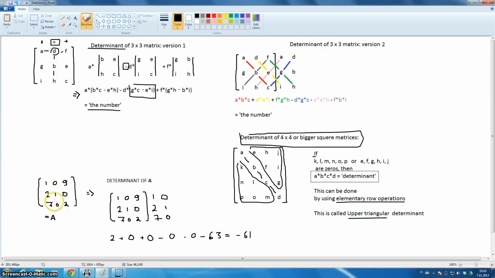And here is a simple example of how to find the determinant of A, and this is the A matrix.